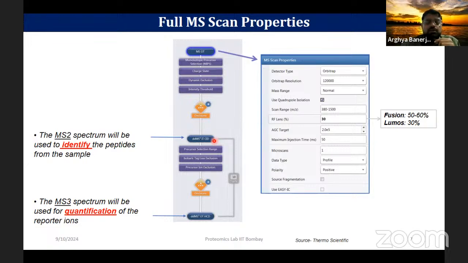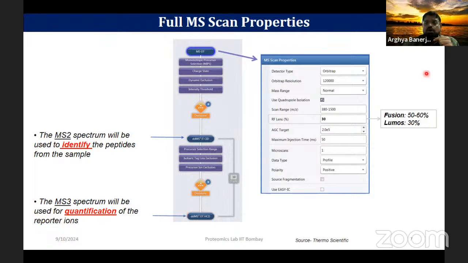It has three kinds of mass analyzers: quadrupole, ion trap, as well as the Orbitrap. The second mass analyzer is a choice: if you are using HCD, you can use the OT mode, the Orbitrap, and if you are using CID, collision induced dissociation, you can use the ion trap as the mass analyzer.